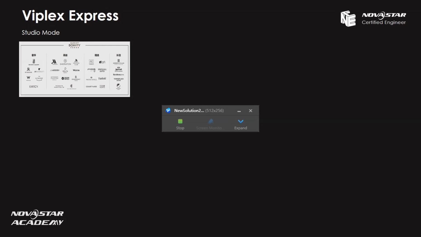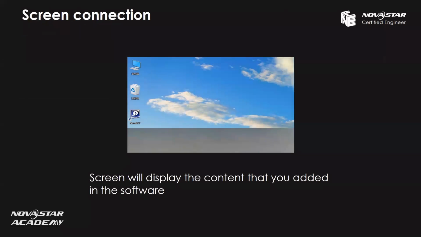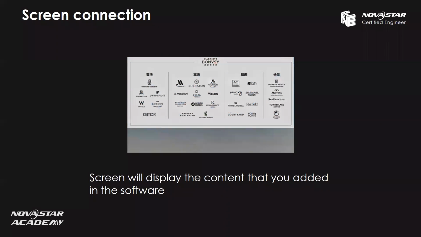So let's see the effect. This is the preview effect. After we finish the screen connection, it only displays our desktop, right? But no content. After we add a picture and we use the Viplex Express to set the picture resolution the same as our screen, and we click play, it will automatically show on our screen.